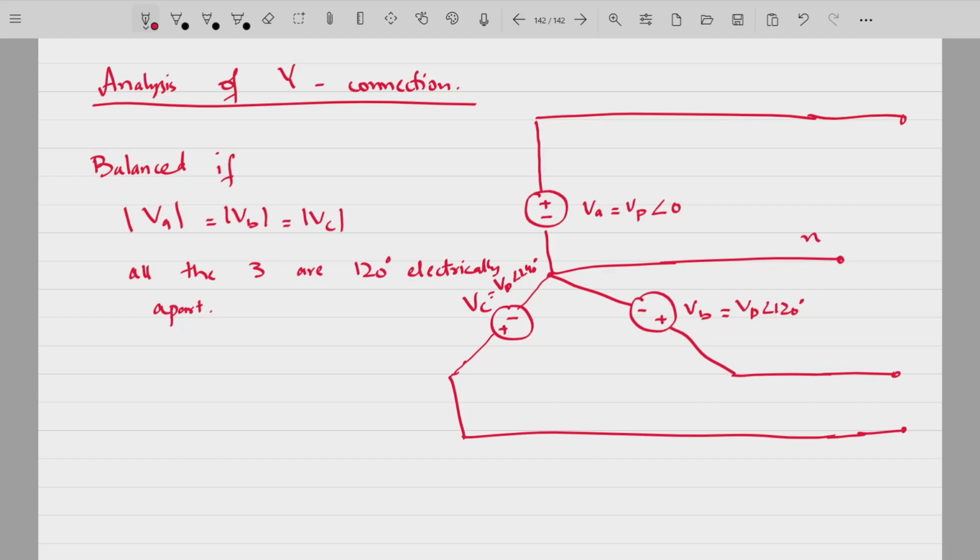So in a normal three-phase system, mechanically apart only in case of machines. Mechanical angle is also very important between the different phases, but apart from that, in case of power systems or in any other system, the mechanical angle between these phases does not matter to us. ठीक है? So these three systems are balanced.